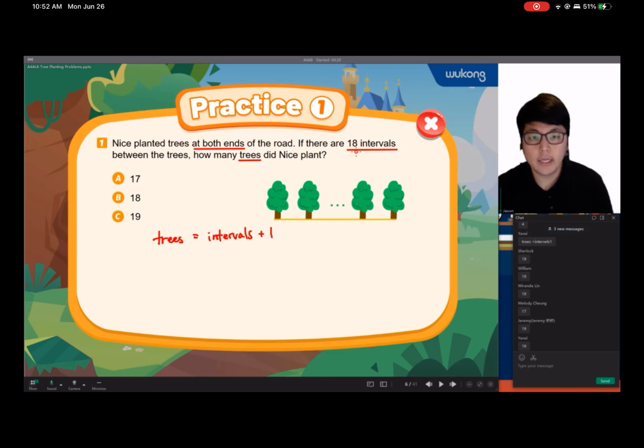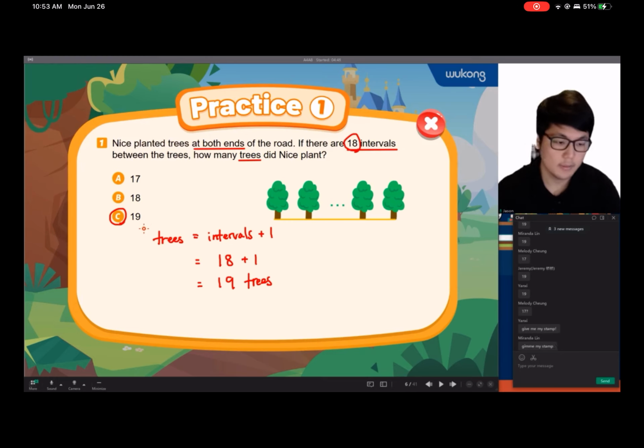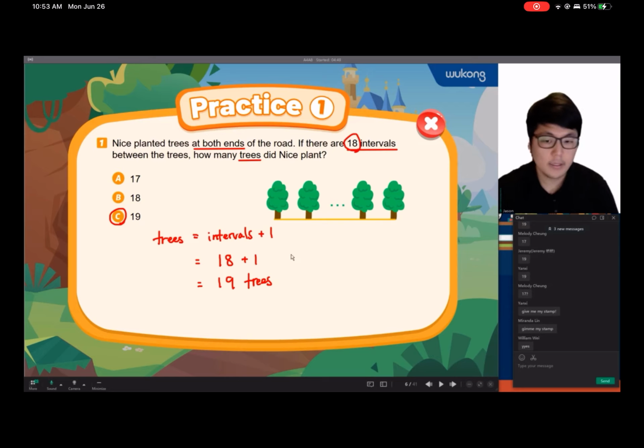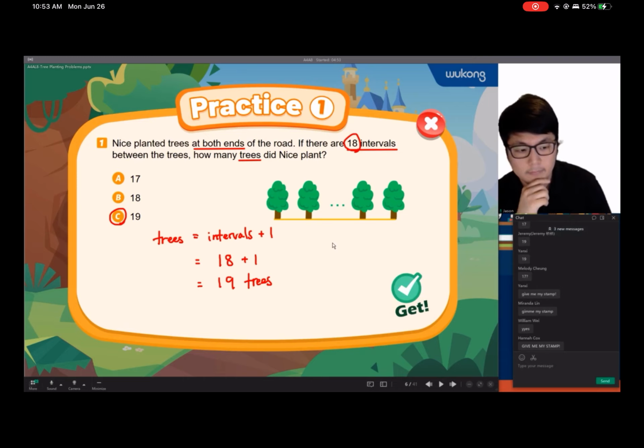So if you have 18 intervals, guys, that's going to be 18 plus 1, which is going to be 19 trees. Yeah? Makes sense, everybody? Yeah, so, yep, what do you say? Give me my stamp. Okay.